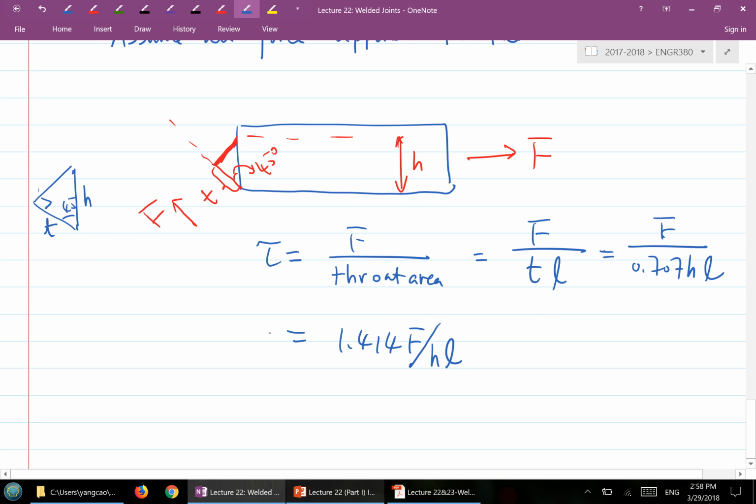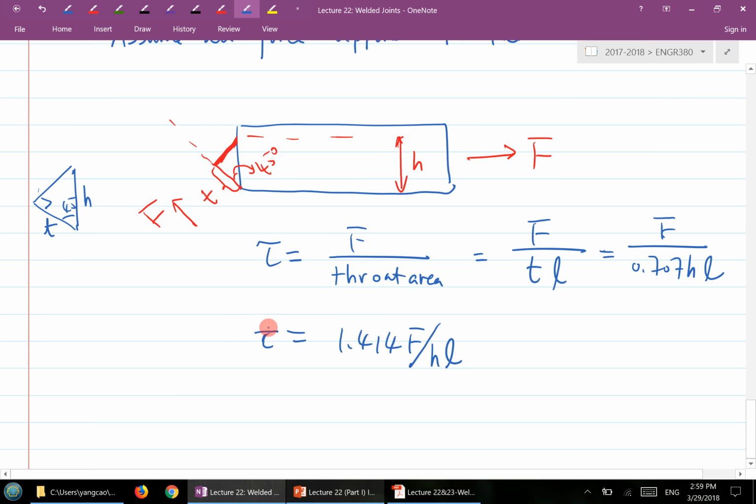And that's your shear stress. So the conservative model considers only shear stress existing at the throat area in the fillet weld. That's the conservative model.